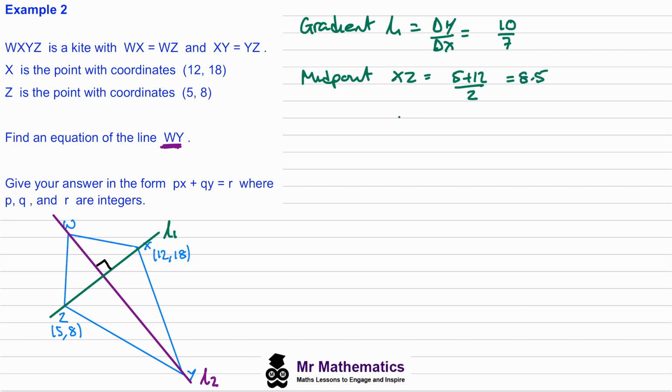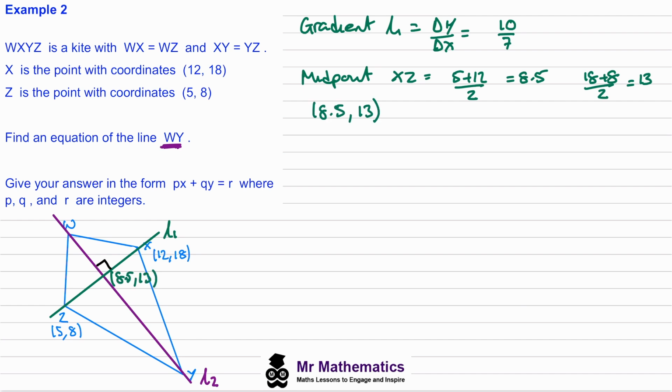It'll be the average of the y values, so 18 plus 8 divided by 2, which gives us 13. So the midpoint will be (8.5, 13).